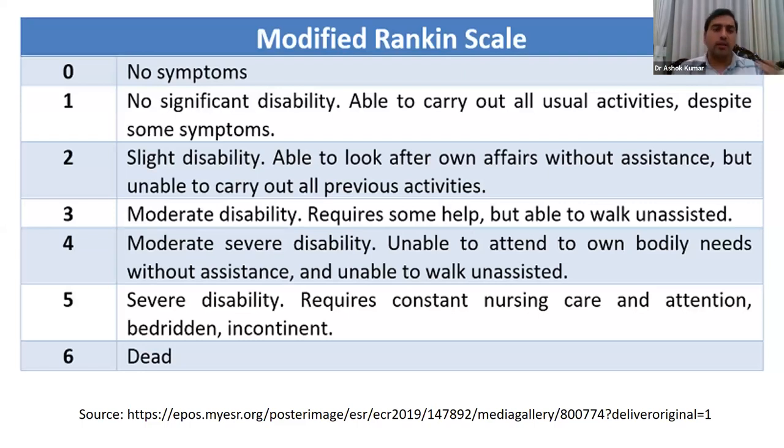So it is an ordinal number. 0 is no symptoms, 6 is dead, and there are no in-between decimals, not 1.2, 1.5, 2.2, 2.5. It is called ordinal, so we can apply a non-parametric test, calculate the median and interquartile range, and compare.